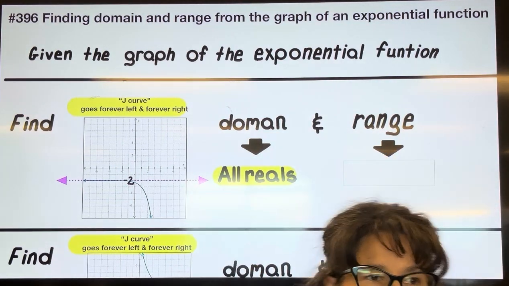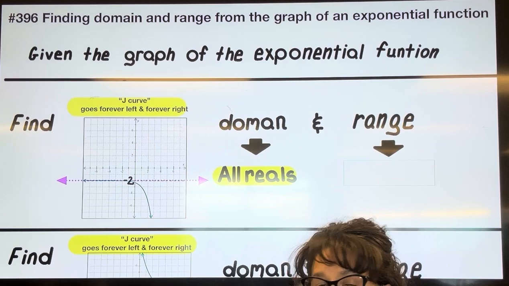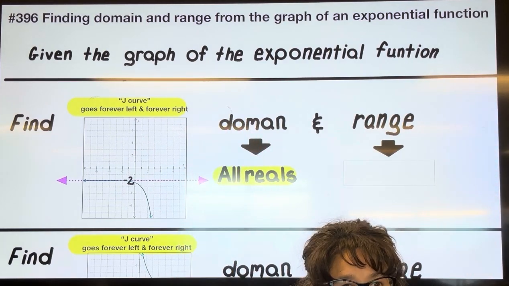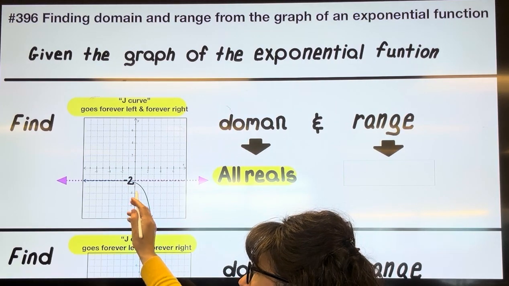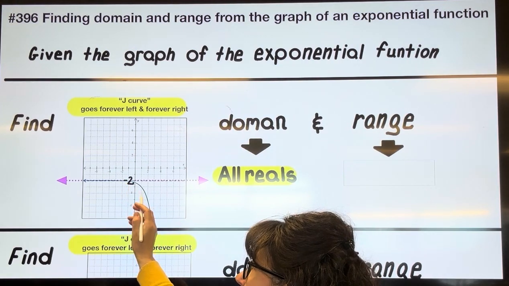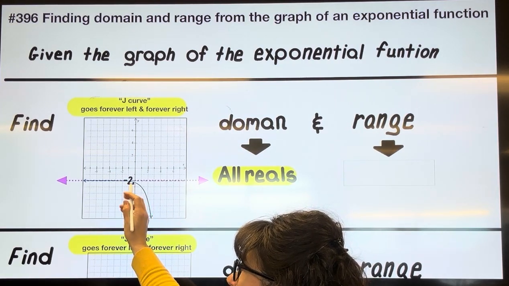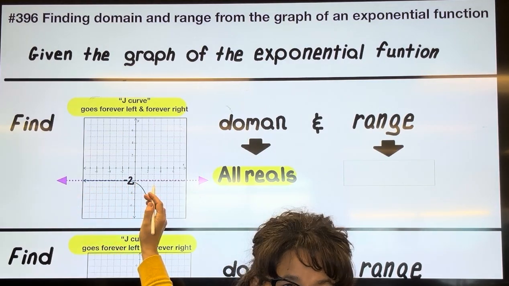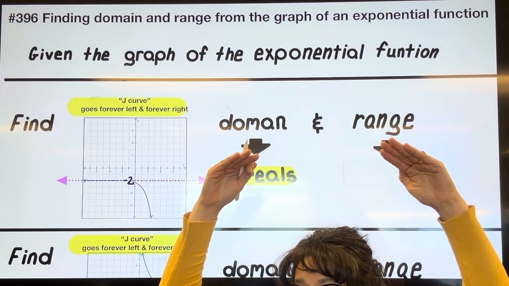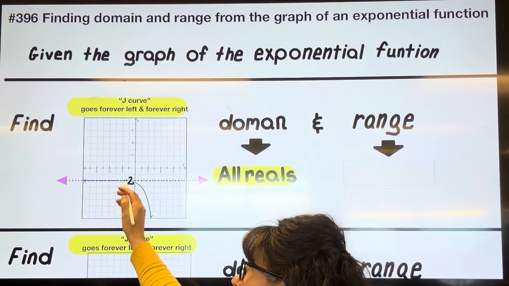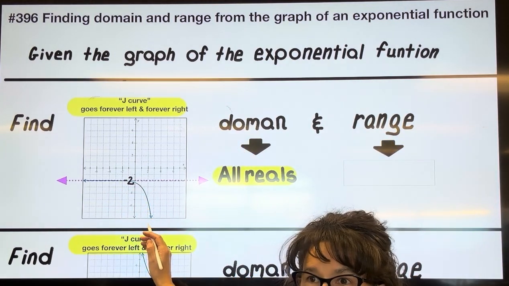The range is about the height, the y's. So how high can it go and how low can it go? The highest this graph can ever get to is the line at -2. It's never going to go above -2, but it's going to go down forever.